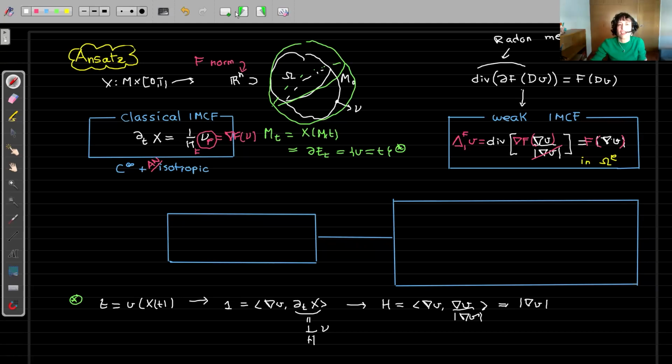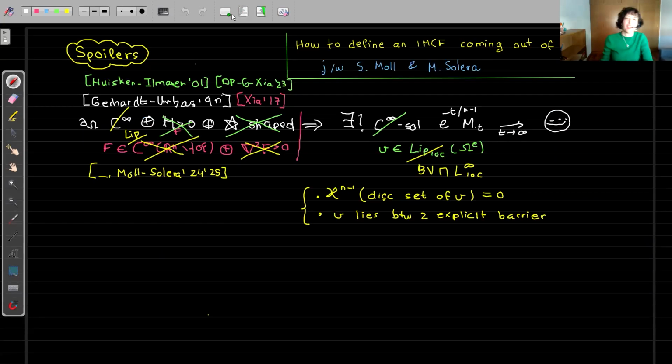Let me finish the spoiler in case I don't have time afterwards. For people who really don't like having solutions with such weak regularity, let me tell you that we have some improvement in the regularity of the solutions if we add some extra assumption, which we call an interior ball condition.